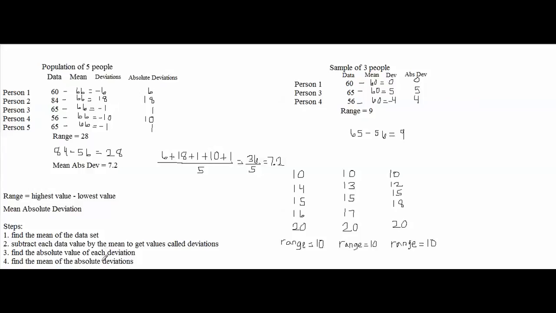In step 4, we have to find the mean of the absolute deviations. That just means we have to find the mean of these 3 numbers. To get the mean of these 3 numbers, we just add the 3 numbers and divide the total by 3. We're just adding and dividing by the number of numbers.